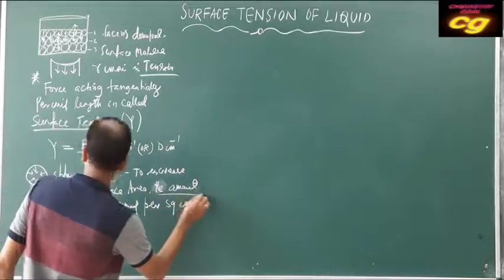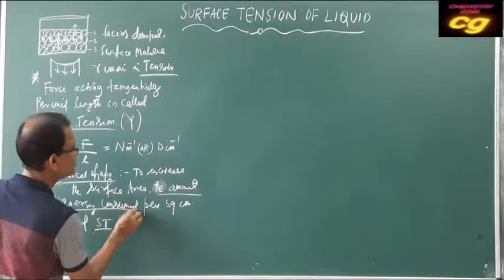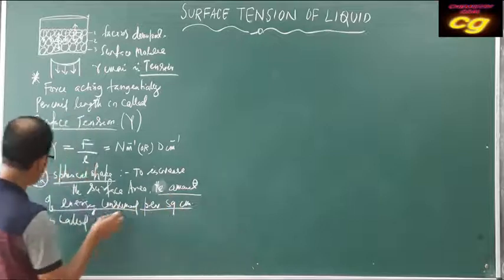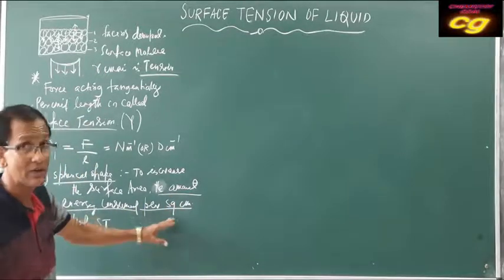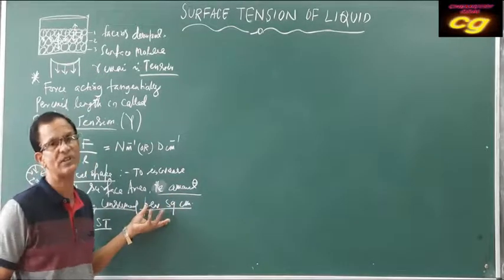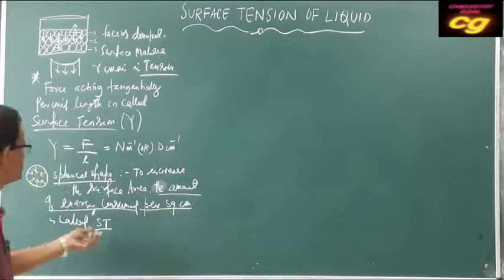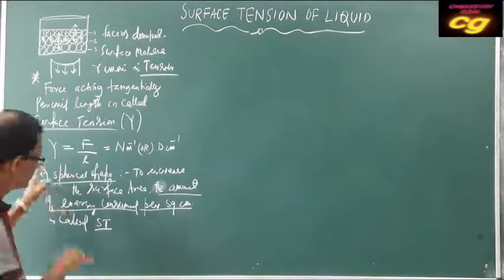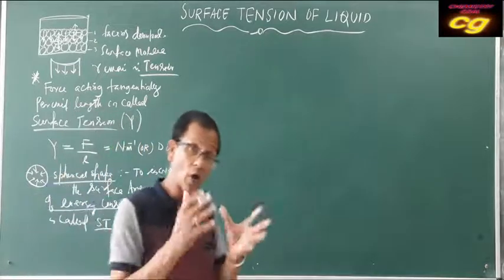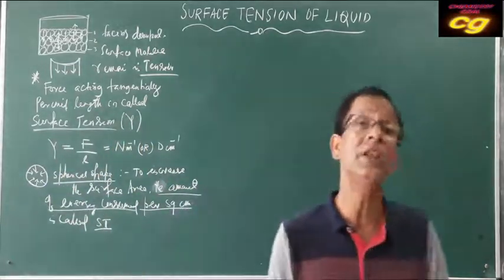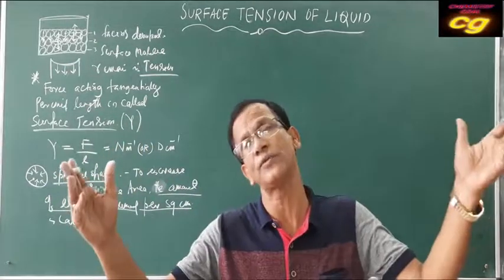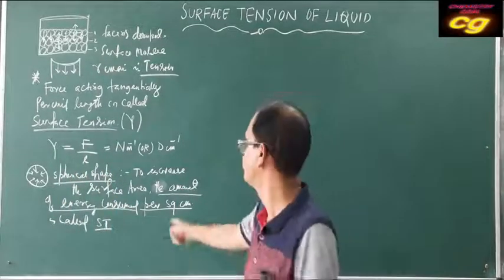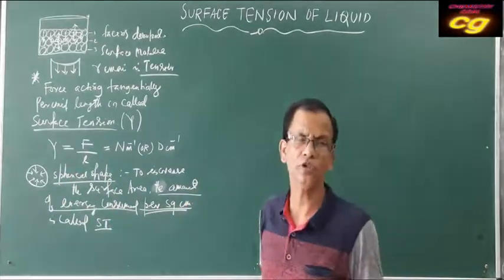The amount of energy consumed to increase the surface area per square centimeter is called surface tension. That means the surface area is already decreased. How much energy is utilized to increase the surface area per square centimeter? That is also called surface tension.